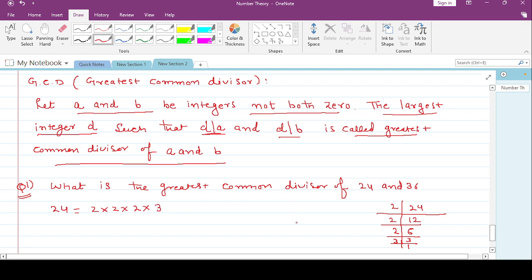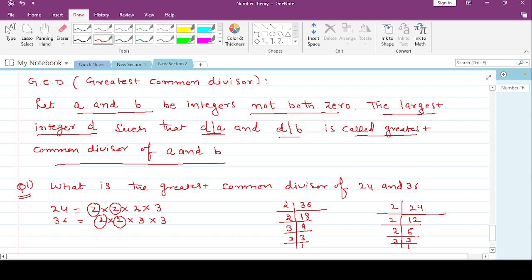Now divide next 36. When you divide it by 2, what do you get here? 18. Now again divided by 2, what do you get here? 9. Then 3 and 3. So 36 can be written as 2 into 2 into 3 into 3. Now circle the common numbers. Here 2 is common, because it is in both the numbers. Next, again 2 comes in this number and 2 comes in this number, circle it.